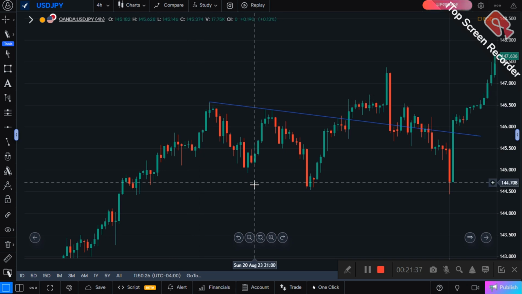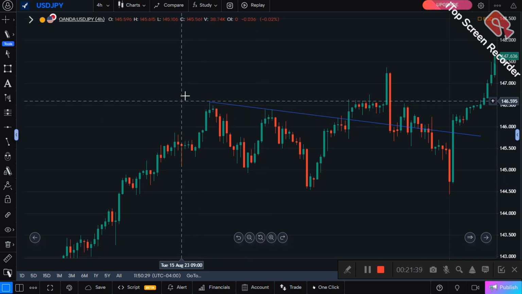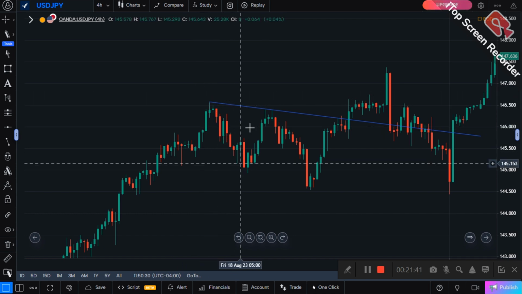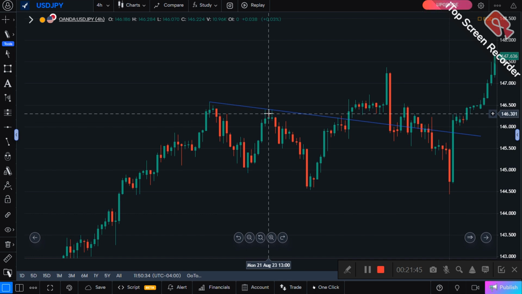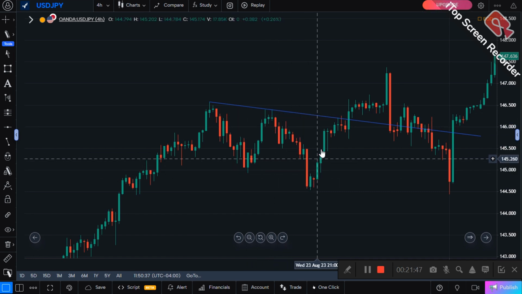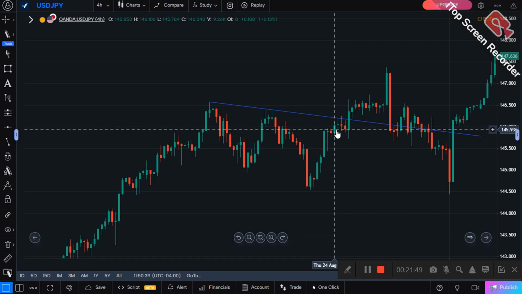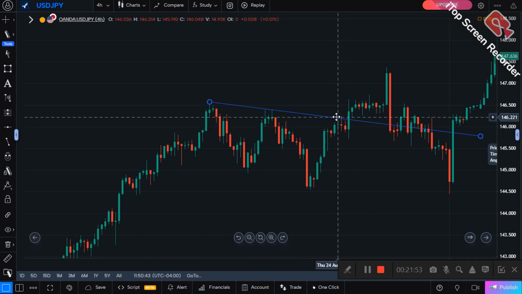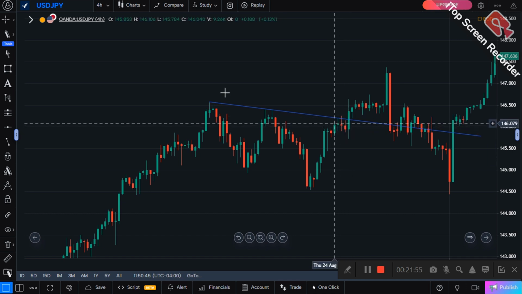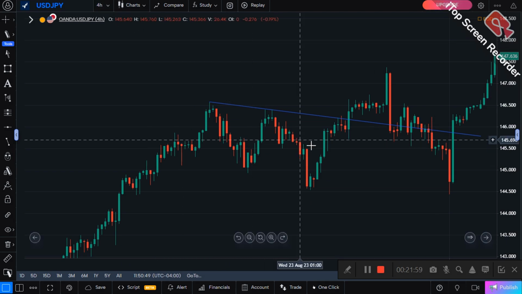What they think is, they make a trend line in this position. When price comes again, a lot of traders will enter, a lot of traders on the 4 hour and a lot on the 1 hour.